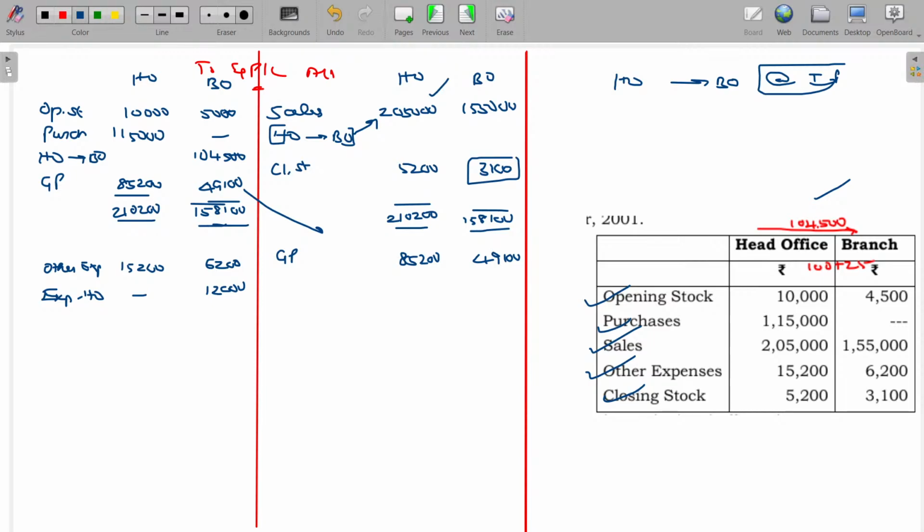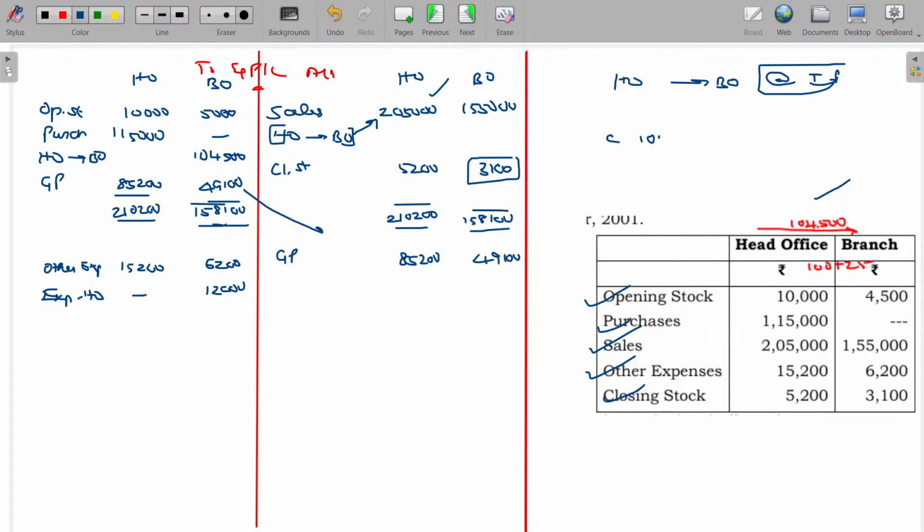This is called unrealized profit on unsold stock. The moment it goes outside the branch office, it's a profit for HO and branch office. If it remains as stock in the branch office, any profit in that will be considered unrealized profit, so you have to remove it.